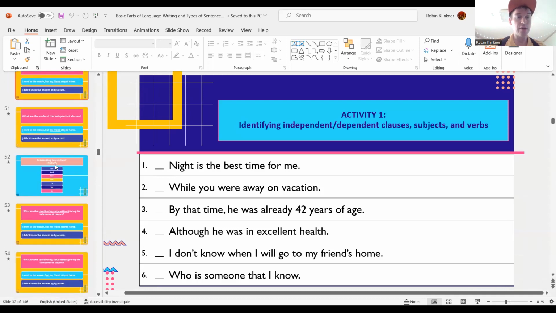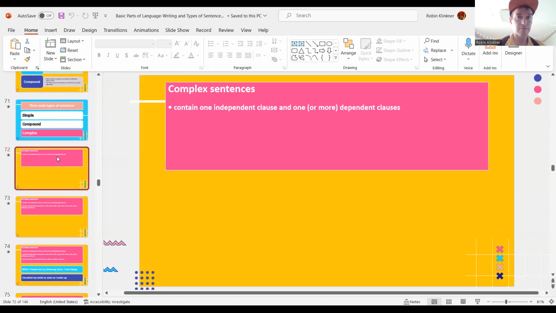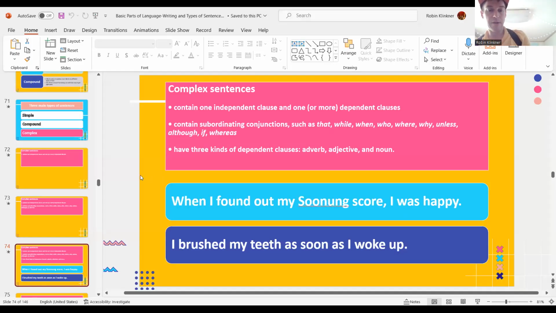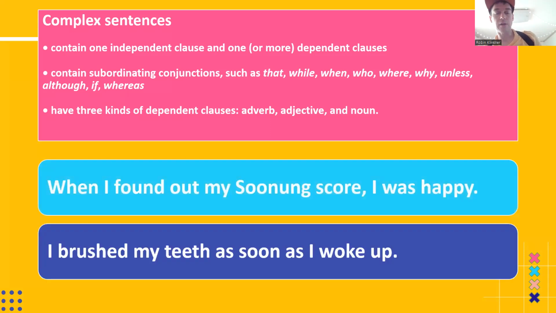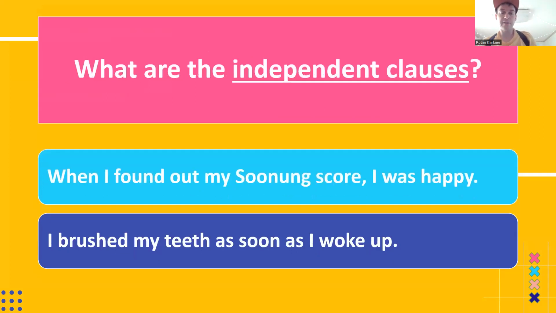Well, that's kind of what we're doing here. When you make a complex sentence, you're combining an independent clause with a dependent clause. So in the top sentence, when I found out my Suning score, I was happy. Those are two clauses.